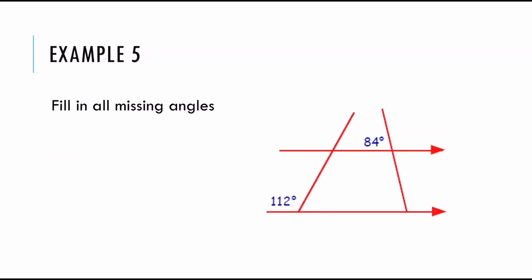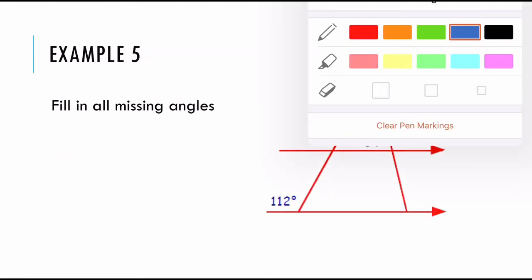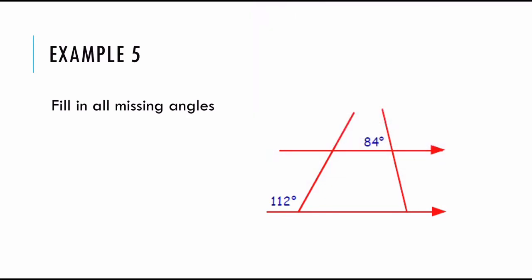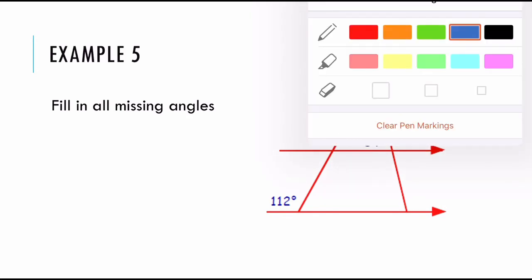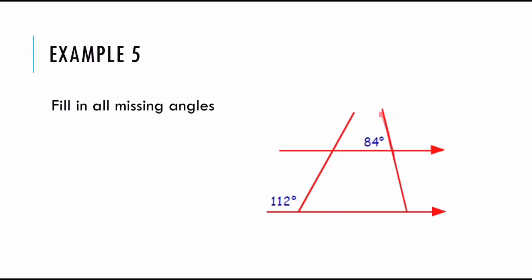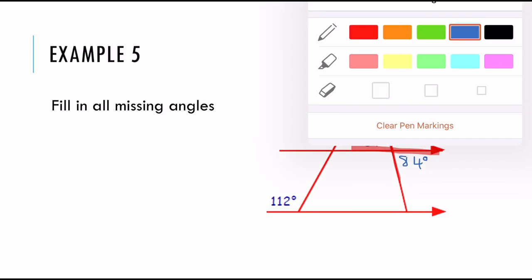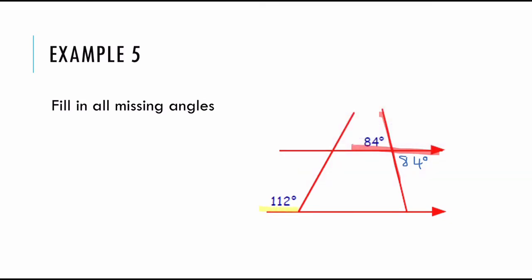In example 5, it's a bit of a different shape, but it's the same thing we're being asked to do. Let me again start with my vertically opposite angles. So if I start here with an X, I can fill in that 84 must also be here. Using an F angle, I can spot an upside down F shape here.